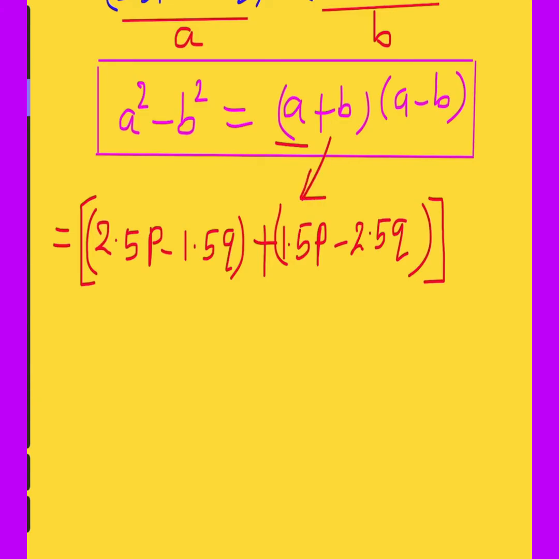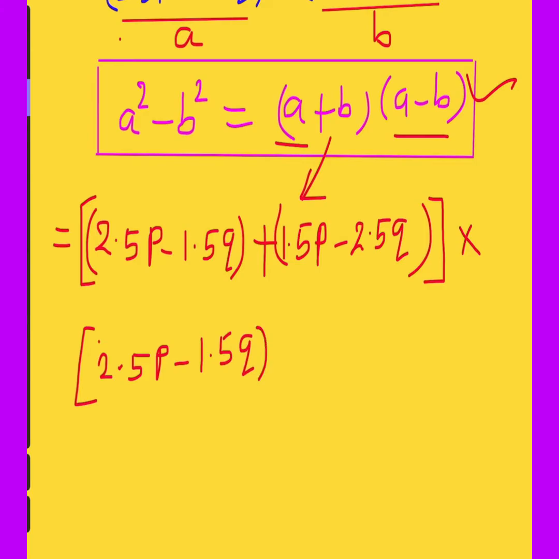After that, now this one is a minus b, so we will write it, and for the second thing we will start again with a square bracket for this term. A is the value, this whole thing, 2.5p minus 1.5q, so you put 2.5p minus 1.5q.